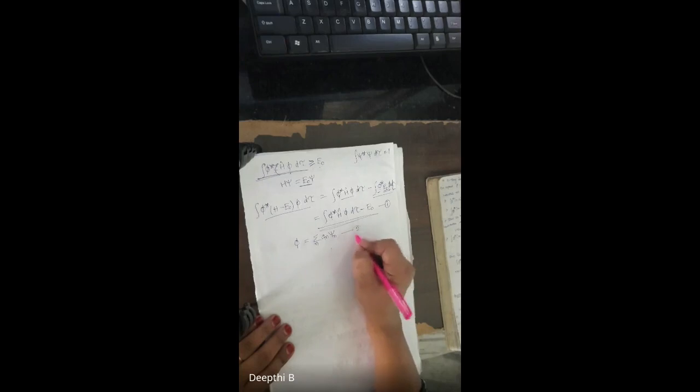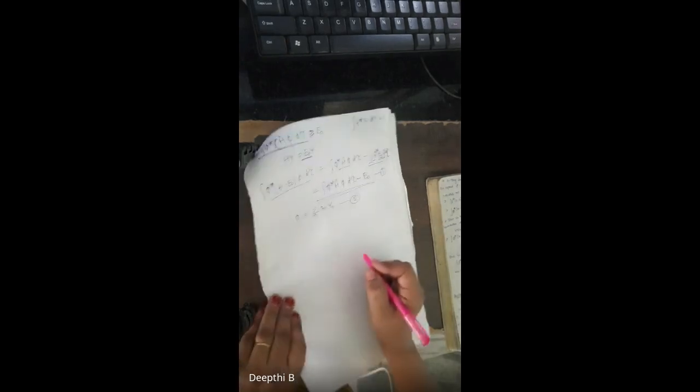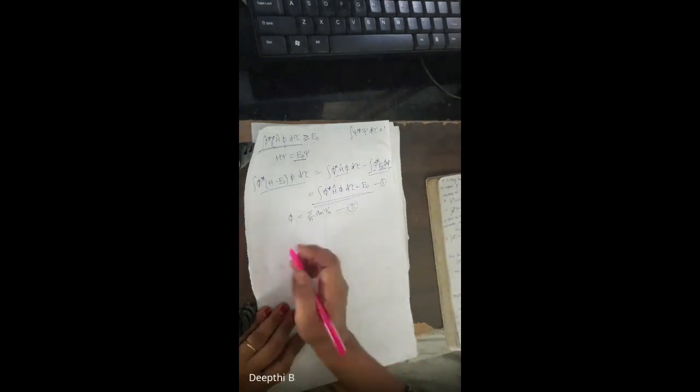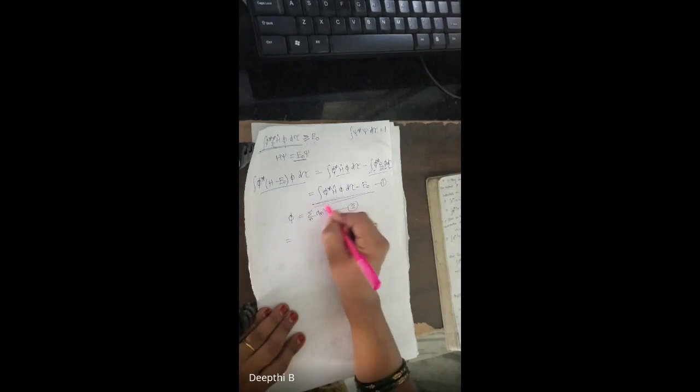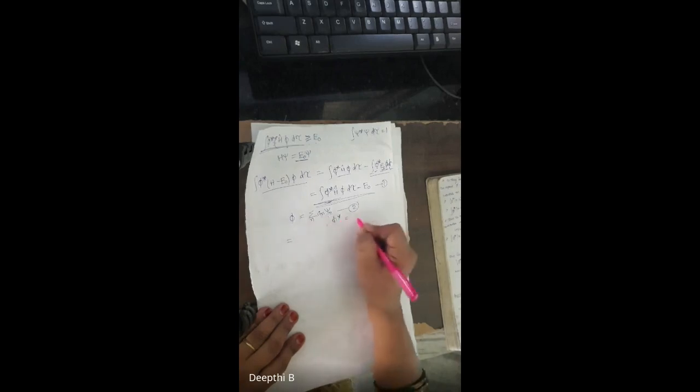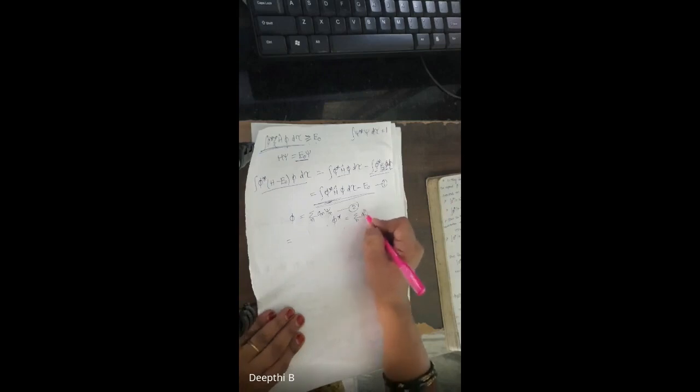This is the solution of this equation. Now we put the value of phi in equation 1. In equation 1, in place of phi we put summation of a n psi n, and in place of phi star we put a n star psi n star.